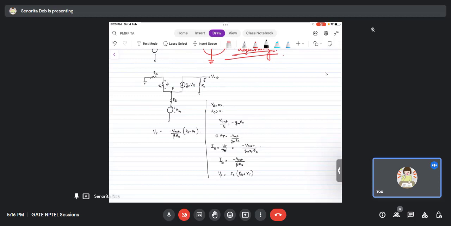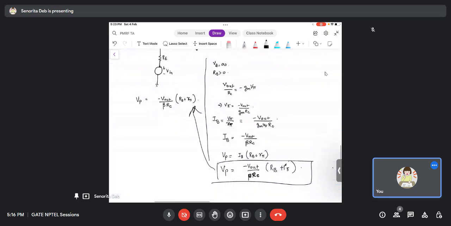So now you see that Vp comes out to be minus V out upon beta Rc into Rb plus R pi, which I had already written directly. Nothing but this, right? So please take a note till here, and then we will proceed.